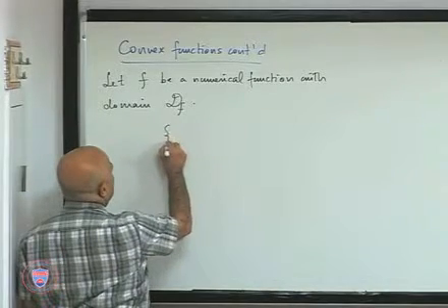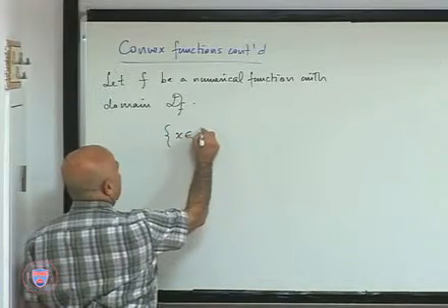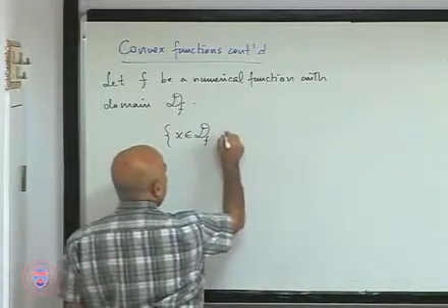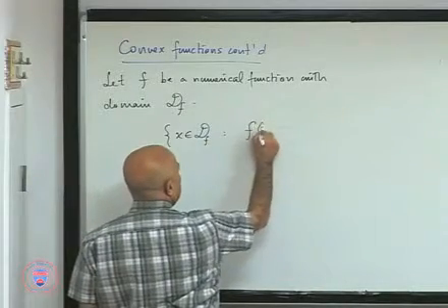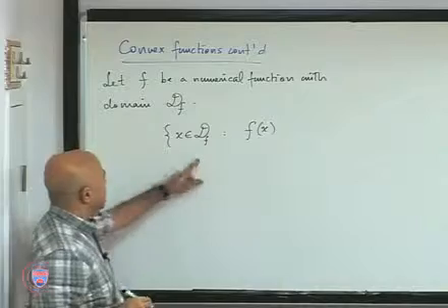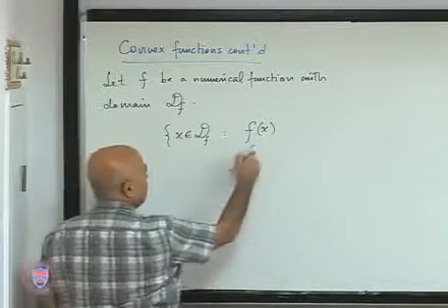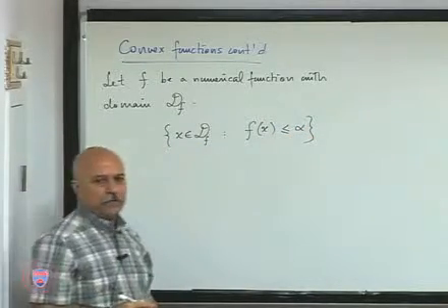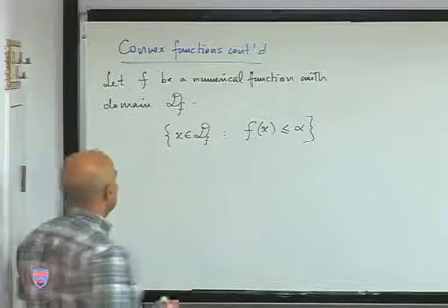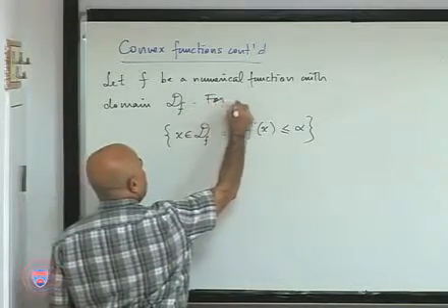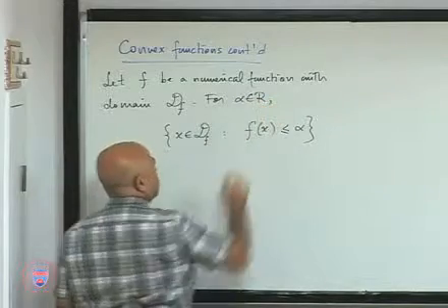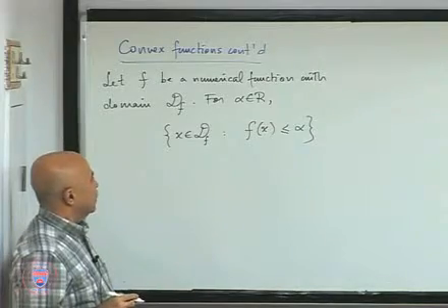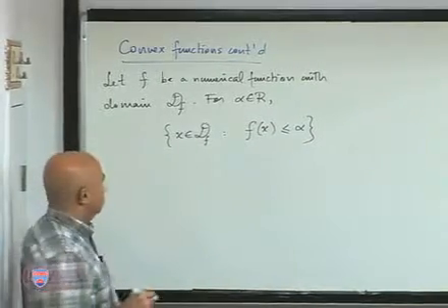If you look at the set of points in the domain of definition of the function f, if this set consists of those points whose function value is, say, less than or equal to alpha for some constant alpha, so here, alpha is a real number, this set is called a level set of the function f.